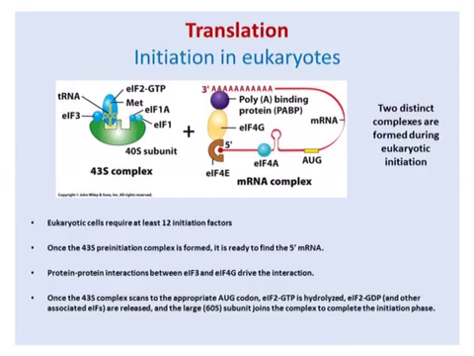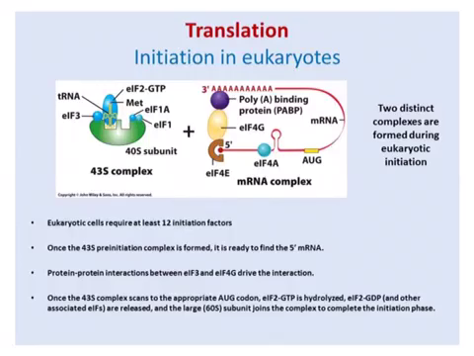Now initiation in eukaryotes is a little bit more complex, as you can see. It requires at least 12 initiation factors, and the small subunit is called the 43S instead of the 30S, and it will form a pre-initiation complex with some other factors such as eIF2 and eIF3, and also the starting tRNA.